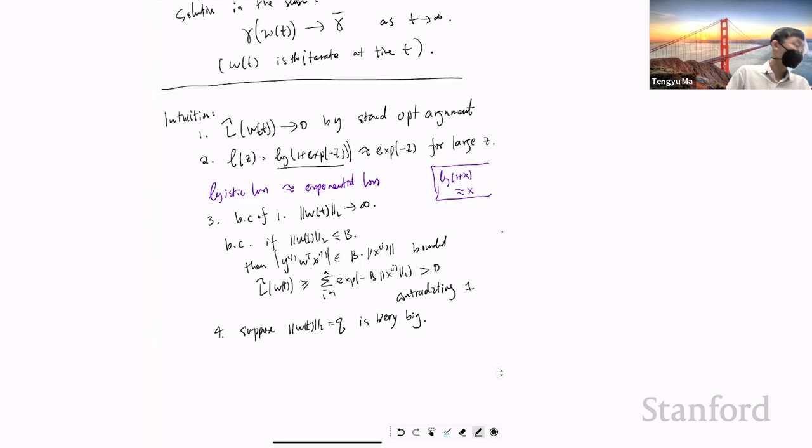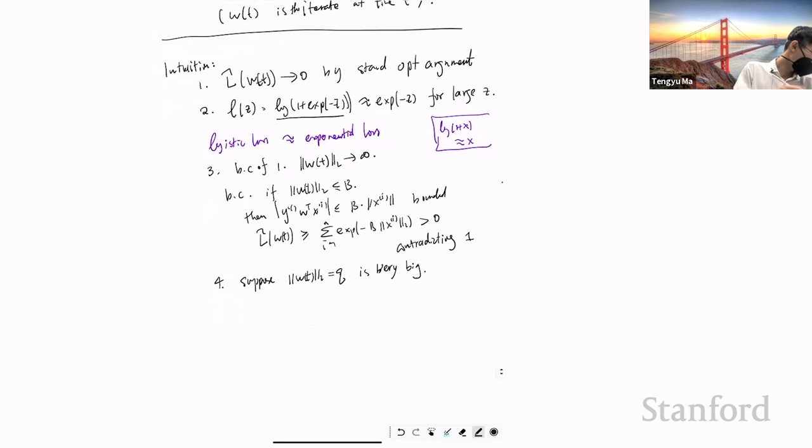Then let's try to simplify the loss function and see what it is trying to do. Maybe let's remove the t for simplicity. Suppose you only look at some W such that the norm is very big. Then L hat of W is the sum of this logistic loss or exponential loss. We're not distinguishing for now.